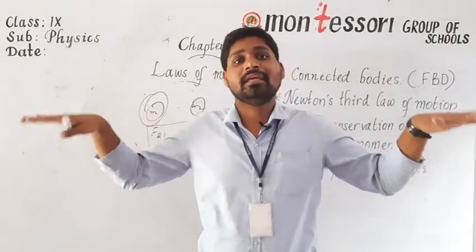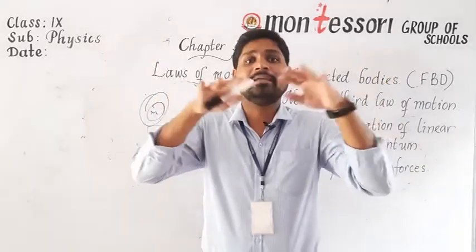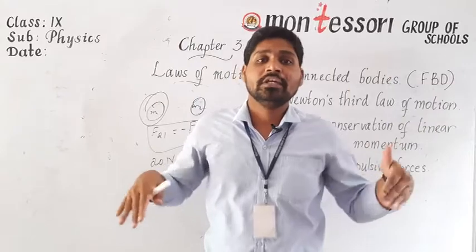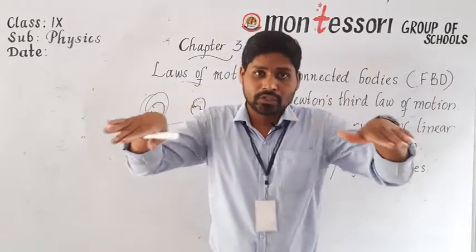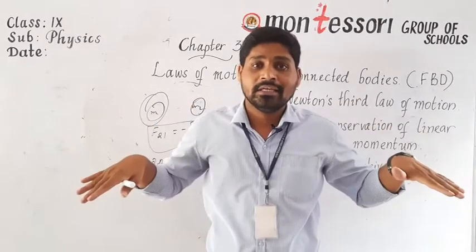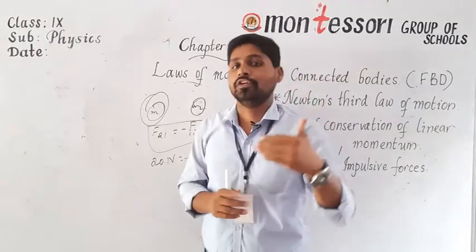At the same time, the air exerts an equal and opposite force in the upward direction, so that it can fly easily. Next, the fish. A fish exerts some force on the water in the backward direction. At the same time, the water exerts an equal and opposite force on the fish to move forward.